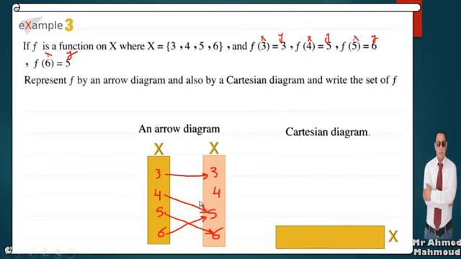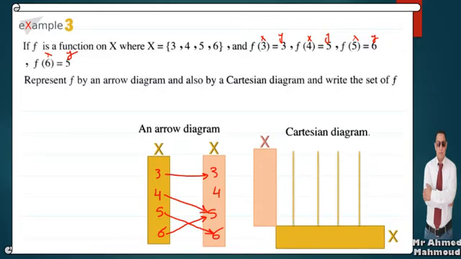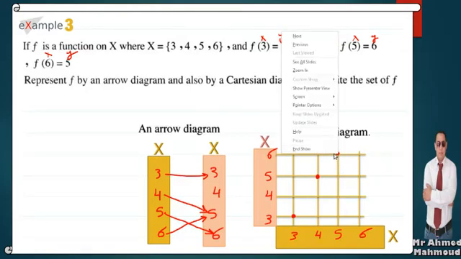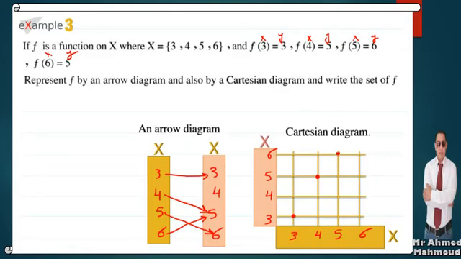The Cartesian diagram. Here we have 3, 4, 5 and 6, and 3, 4, 5 and 6. Here 3 and 3, 4 and 5, 5 and 6, 6 and 5.